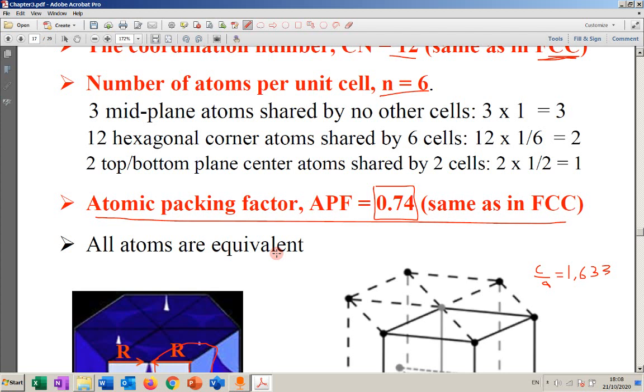But how are we going to get hexagonal and how are we going to get FCC? If you put the spheres inside the box, each of them in the way that they fill the gaps between them, how do we get hexagonal but not FCC? Or how do we get FCC, not hexagonal? Why? Because both of them have the same atomic packing factor.